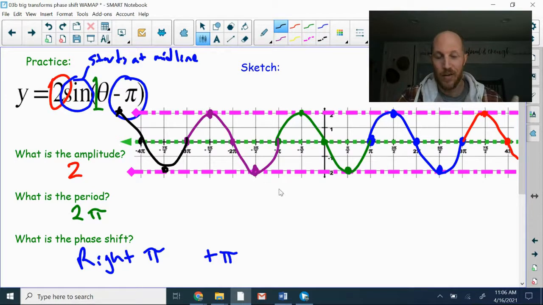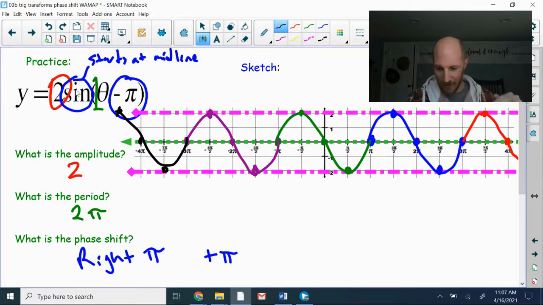And alternatively, I could think about this phase shift using a Ferris wheel analogy. So the equation here says theta minus pi. So I'm going to take my graph walker on the Ferris wheel and back them up by pi. Pi is half a rotation, so it's going to go half a circle backwards. Sine normally starts on the 0 radians, when I'm looking at the graph, it's going to be on the right-hand side at the midline.